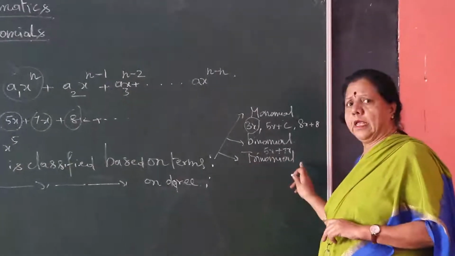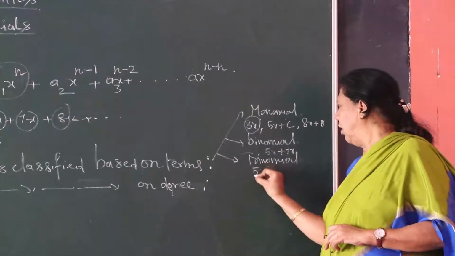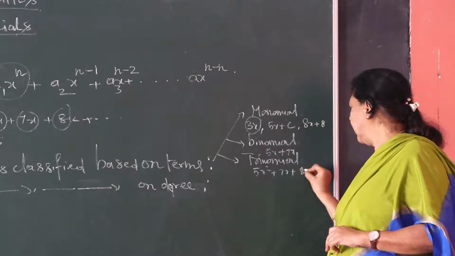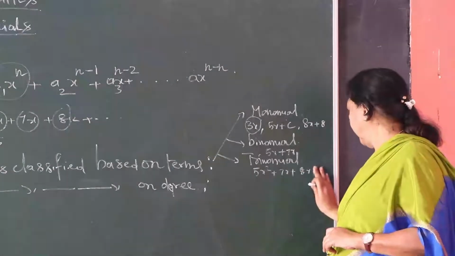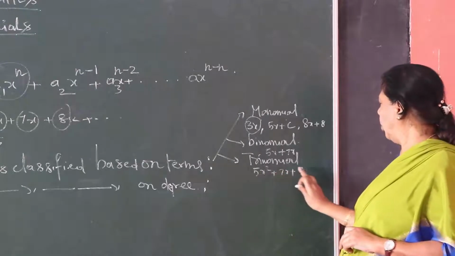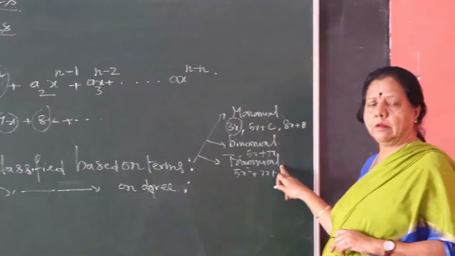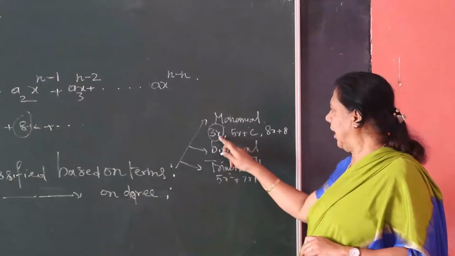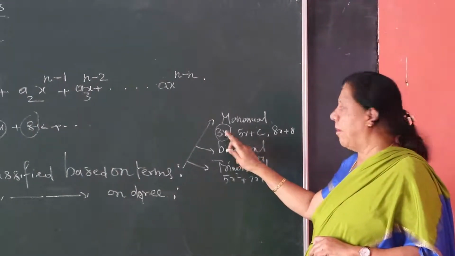So trinomial. Trinomial is 5x square plus 7x plus 8x. See here 1, 2, 3. This is a trinomial. This is a binomial. This is a monomial.